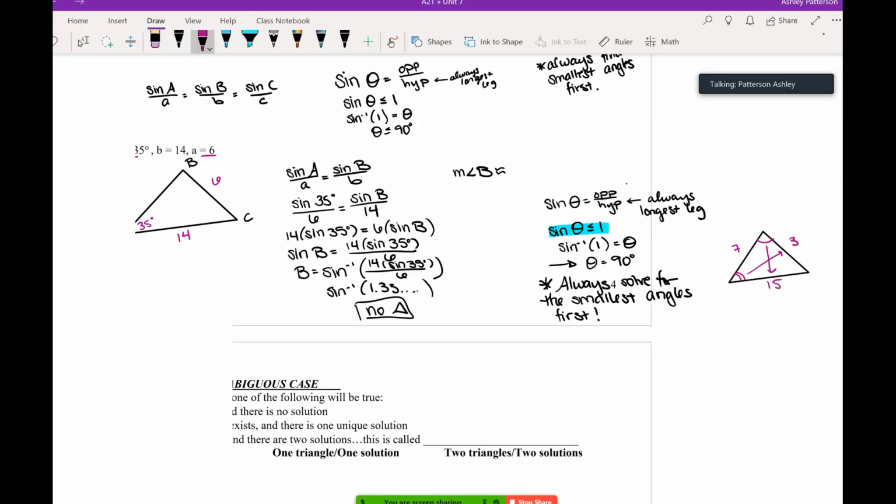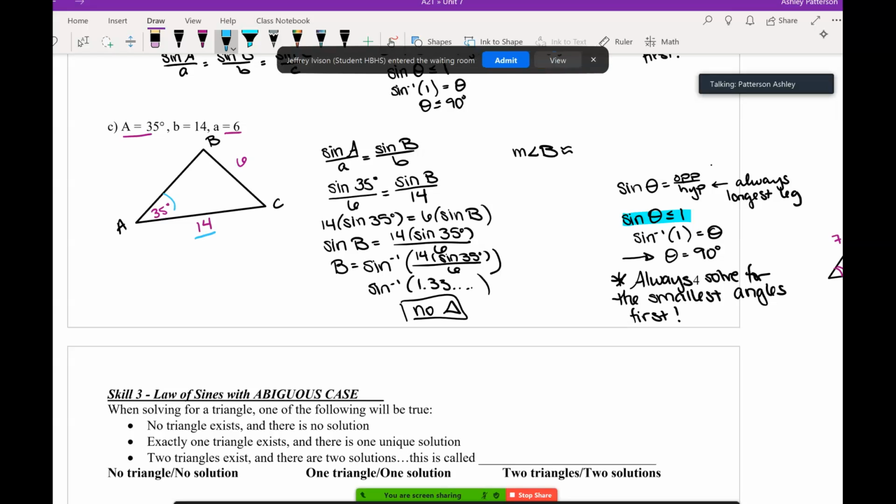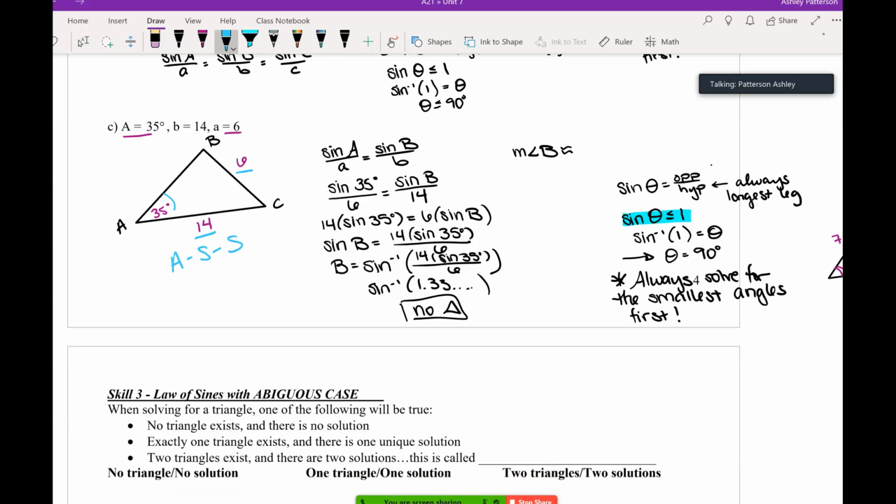Now, going back to example C, oh man, we didn't even stop to think about the information that was given to us. It was given to us as angle, side, side. Uh-oh, angle, side, side. Is this one of our congruency theorems? No, right?